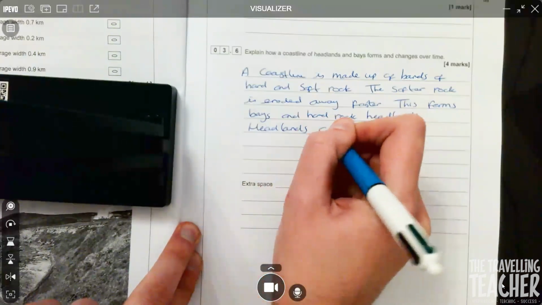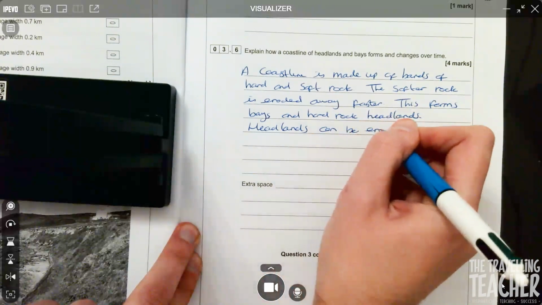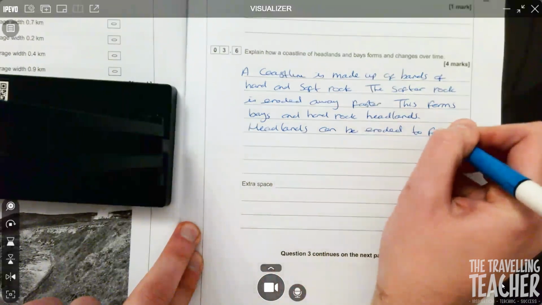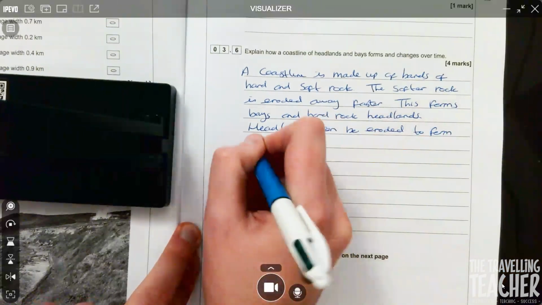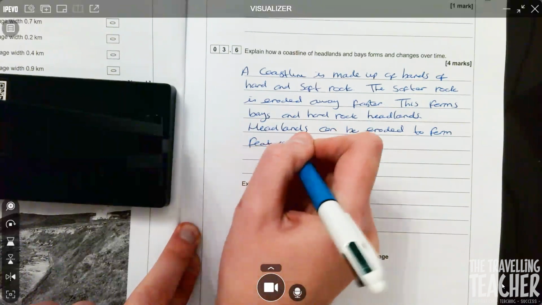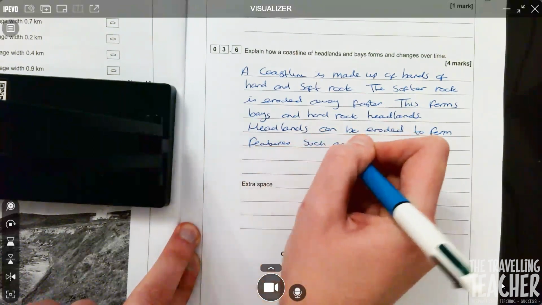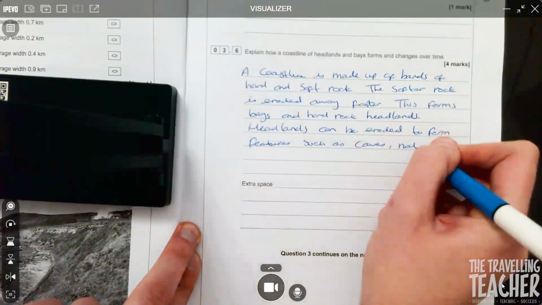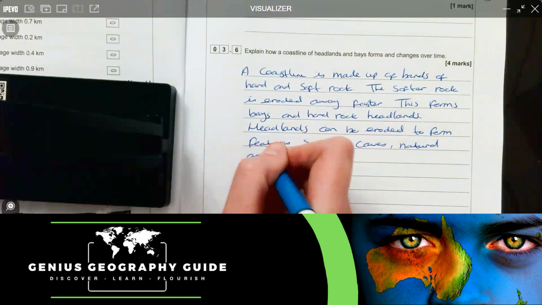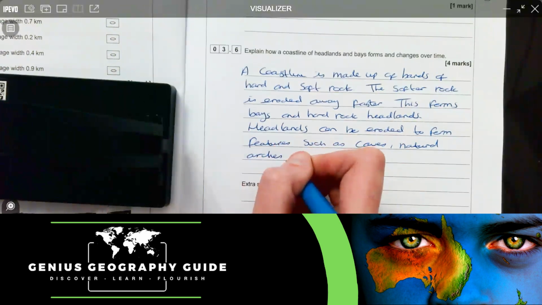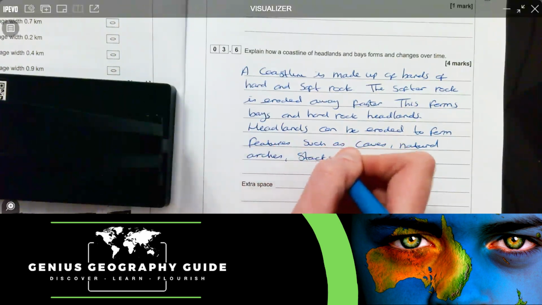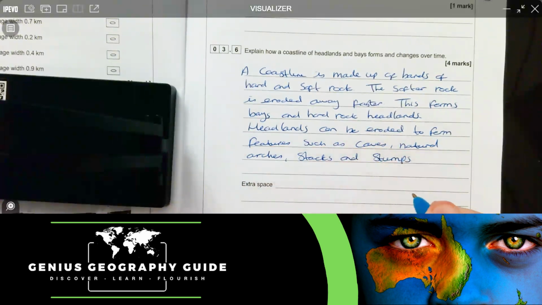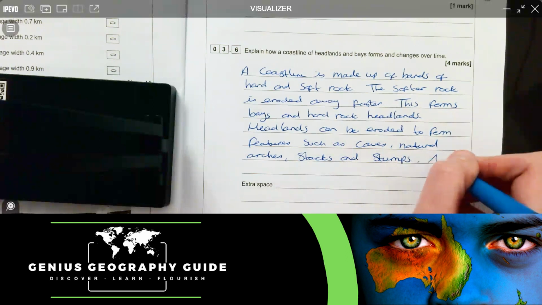Headlands can be eroded to form features such as caves, natural arches, stacks, and stumps. Full stop.